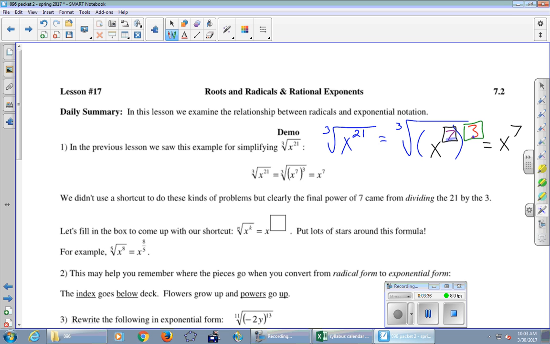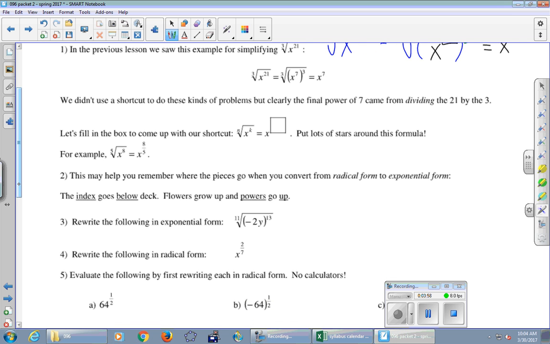That's a division, 21 divided by 3. Really the only way to get this wrong is to divide in the wrong order. Is it 3 over 21 or 21 over 3? To get 7, it's 21 over 3. So apparently the shortcut is that power divided by that index. That's our answer.